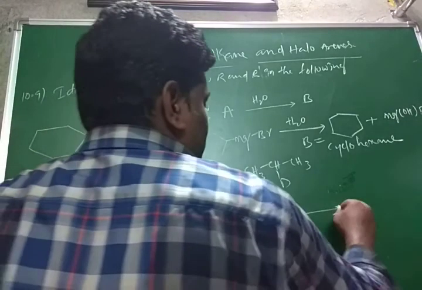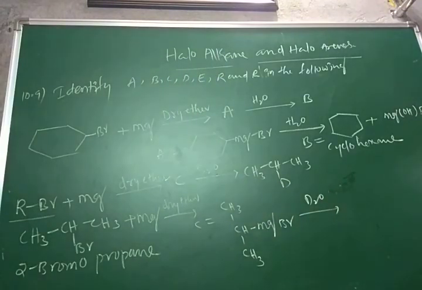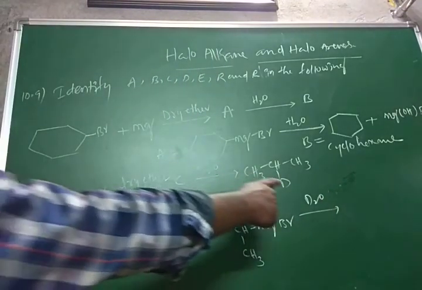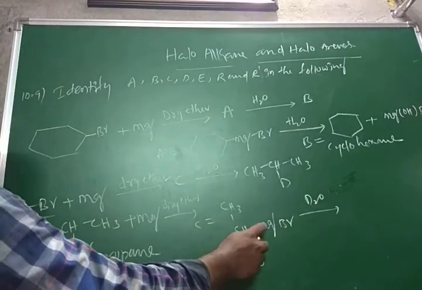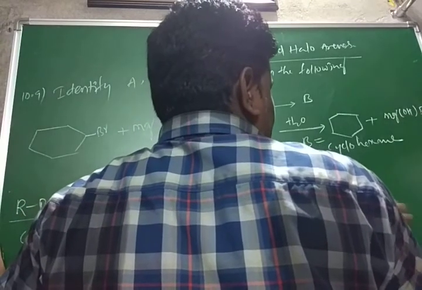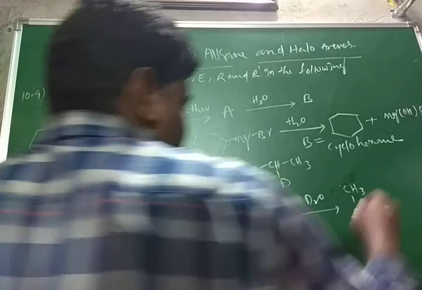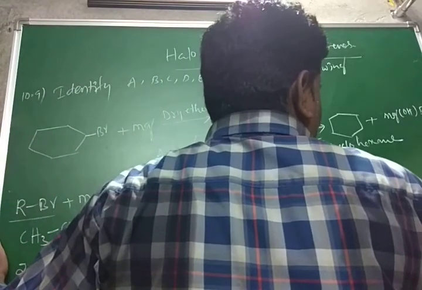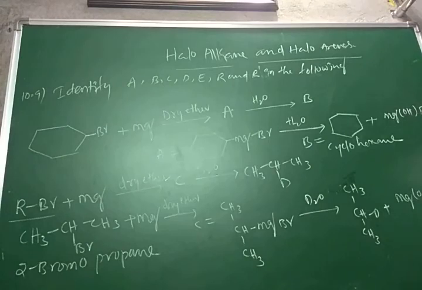On reaction with deuterium oxide, D will be substituted at the place of magnesium, that means the second carbon, giving CH3 CHD CH3, and Mg(OD)Br is formed as a byproduct.